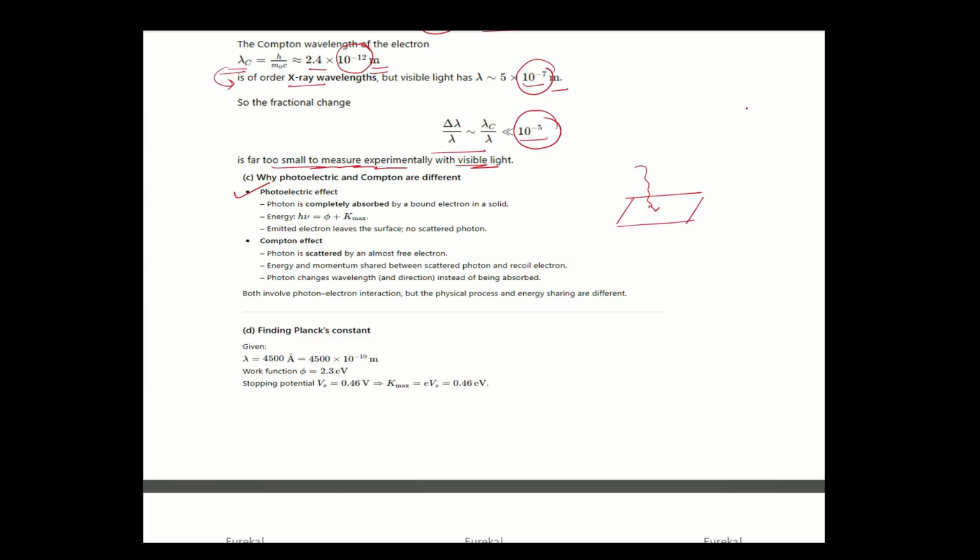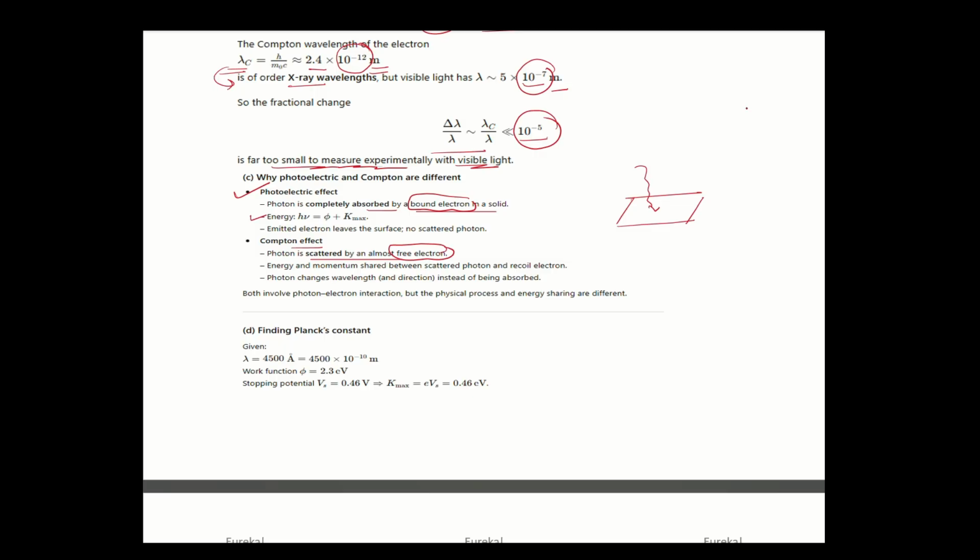That means the energy of the photon is completely transferred to the bound electron of that metal. So the photon is completely absorbed by the bound electron in the solid. But in the Compton effect, the photon is scattered by an almost free electron. So in the photoelectric effect, the photon is absorbed completely by a bound electron, but in the Compton effect, the photon is scattered by an almost free electron.